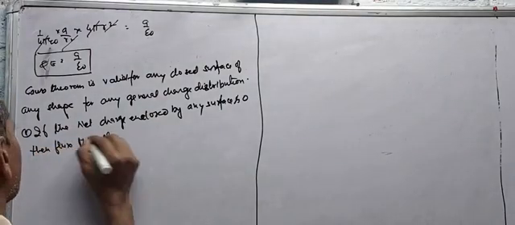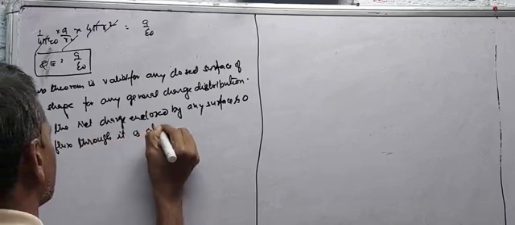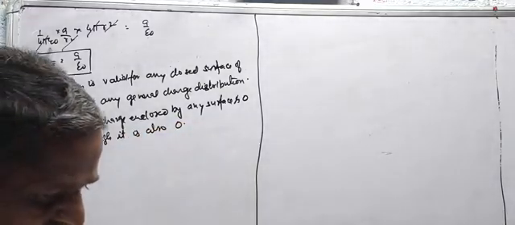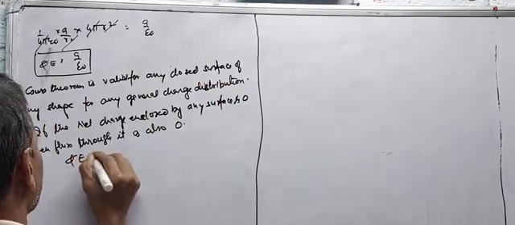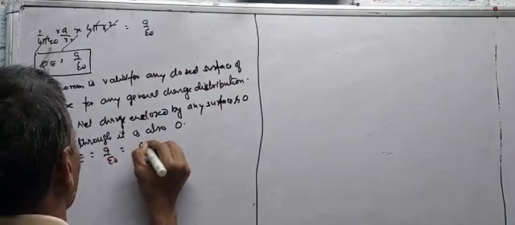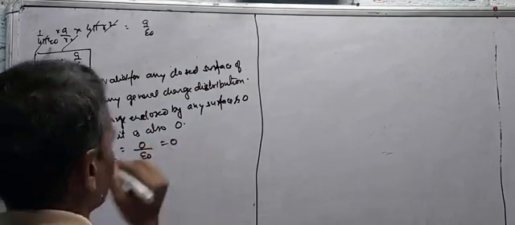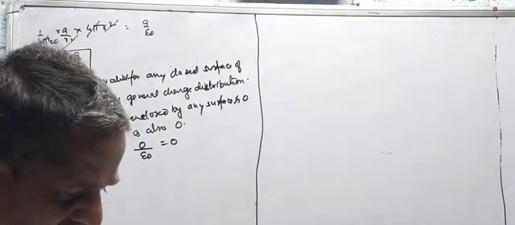That is phi E equal to q upon epsilon naught, 0 upon epsilon naught equal to 0.